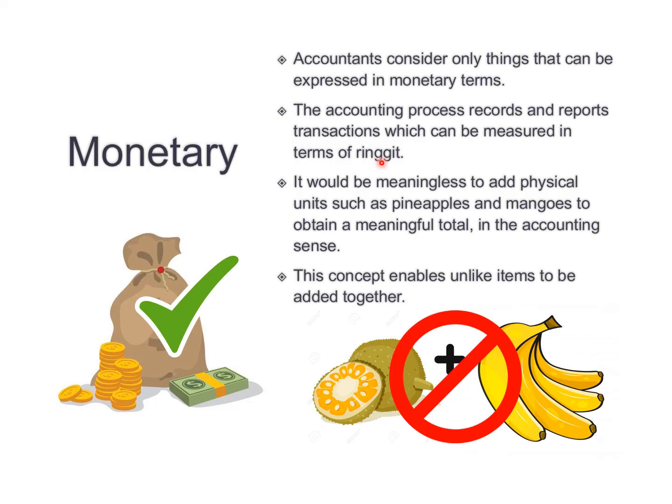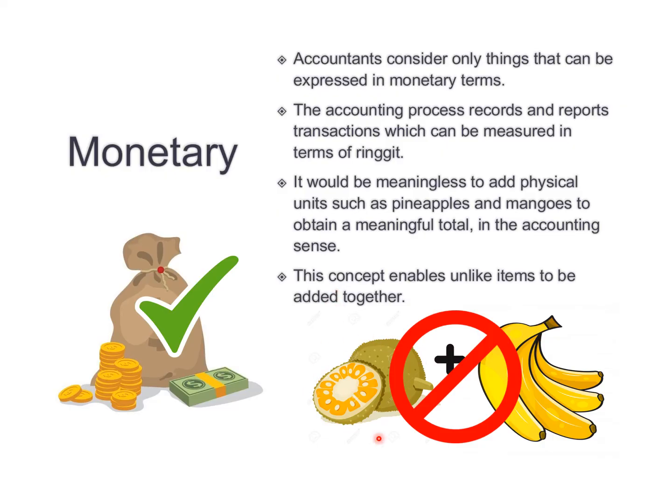So, bila kita record transaction, kita akan record dia those yang can be measured in term of ringgit. Because it would be meaningless to add a physical unit such as pineapple and mangoes to obtain a meaningful total in accounting sense. This concept enable unlike items, item yang tak serupa tapi kita boleh add dia together.